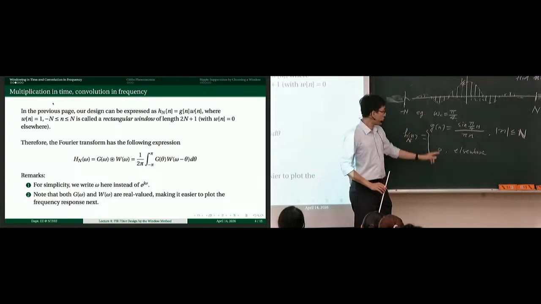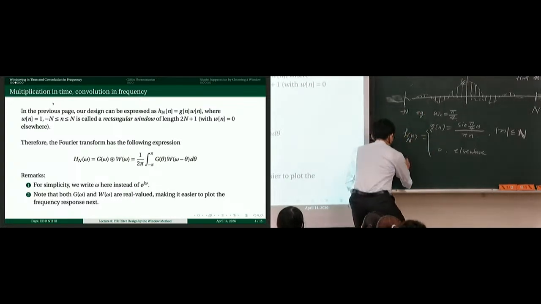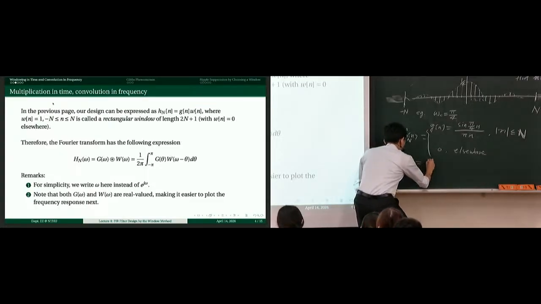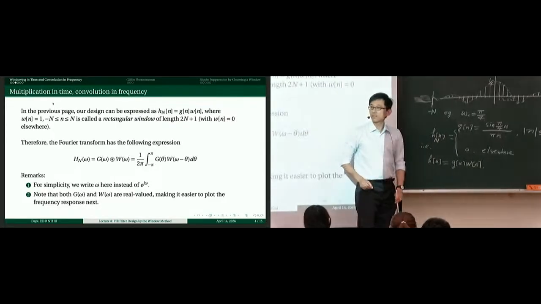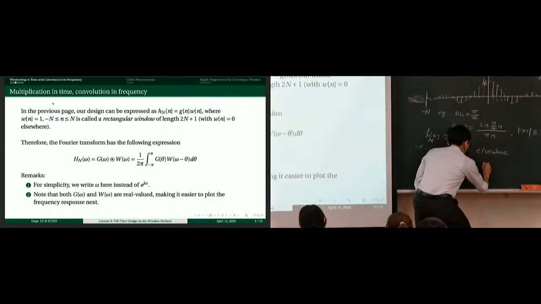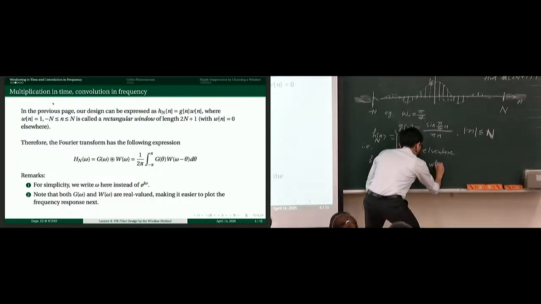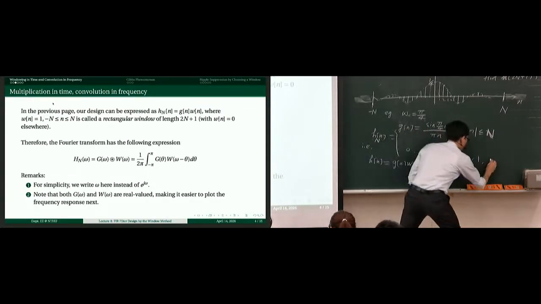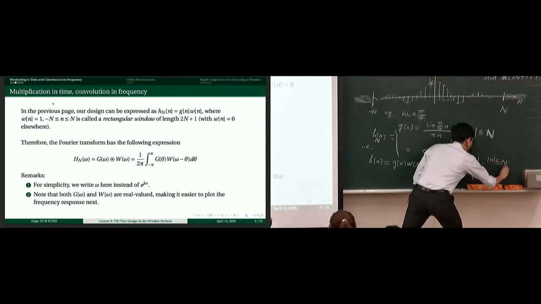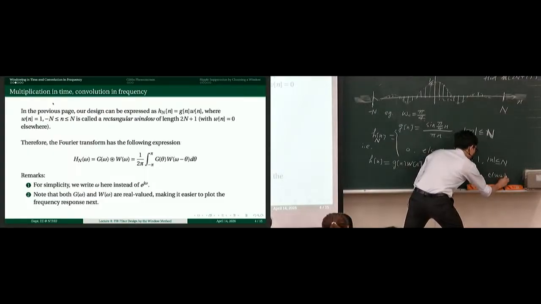Equivalently, we can say that H of n equals G of n times a window function, where W of n equals 1 in that range and 0 otherwise.